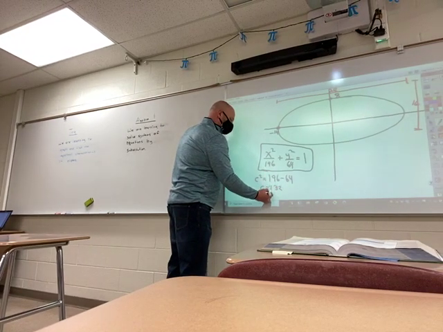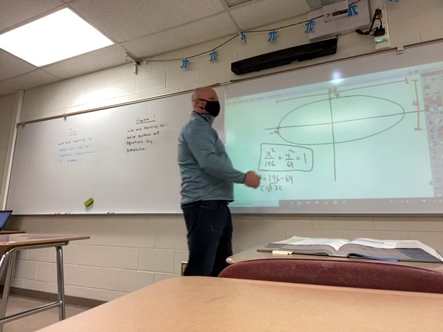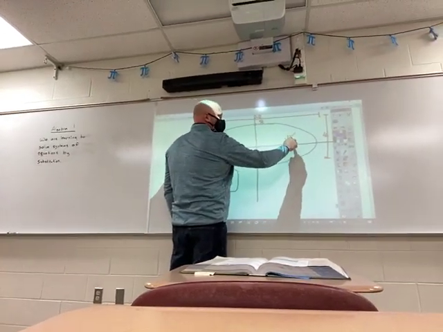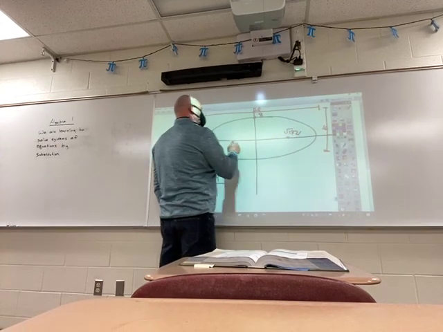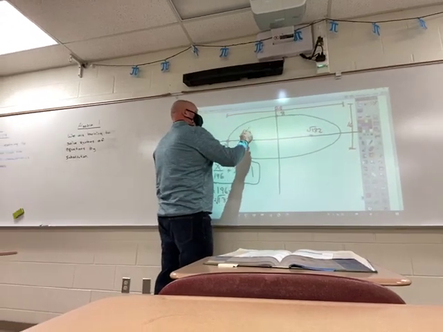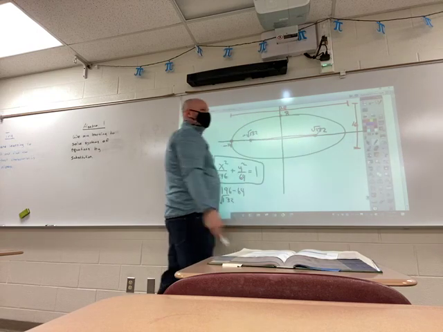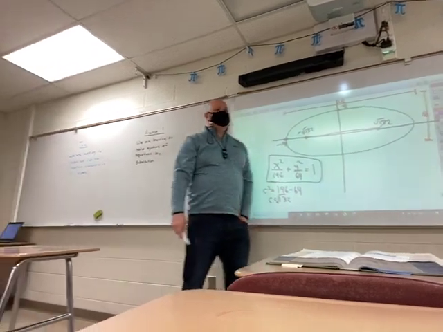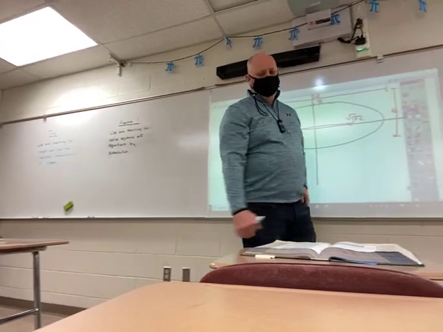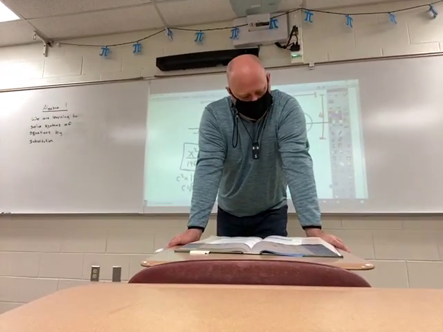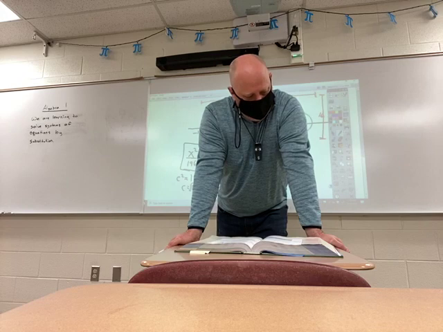So c is going to be the square root of 132, which means this will be over here at positive square root of 132. This will be back here at negative square root of 132. So how do you find the distance between here and here? Times that by 2. So, I mean, you can probably simplify that a hair.